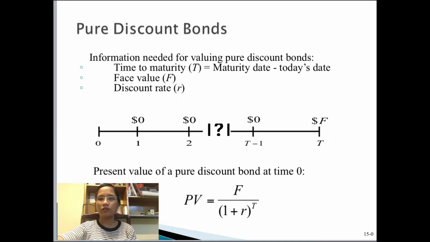And the present value of this bond is computed by the formula PV equals face value divided by (1 plus R) to the power of t.